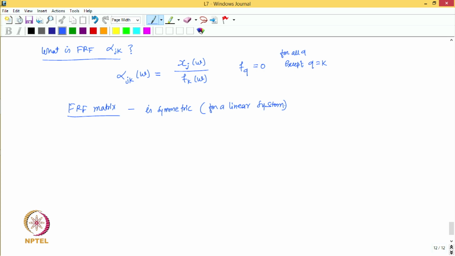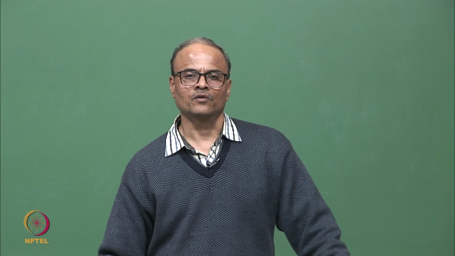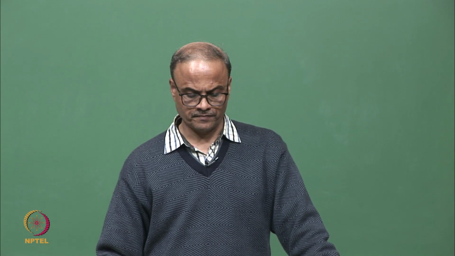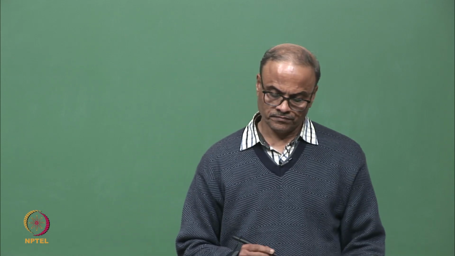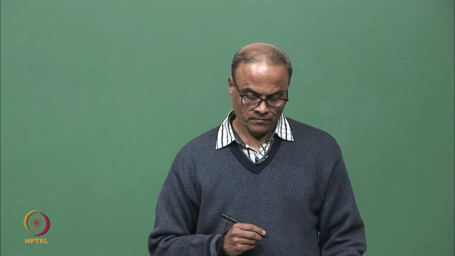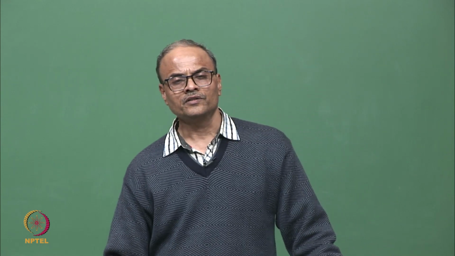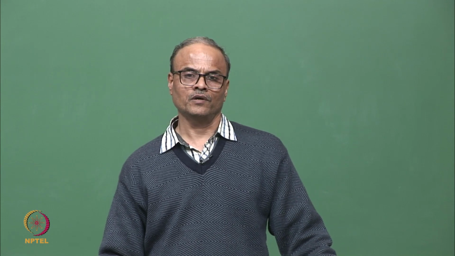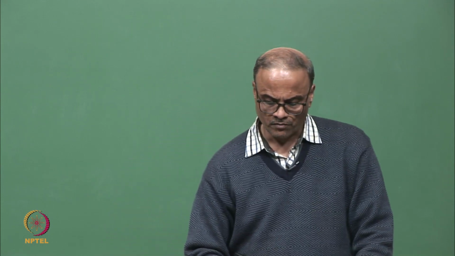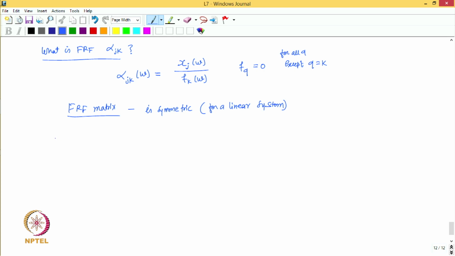Since the modal analysis theory is based on the assumption of linearity, we would always assume that the FRF matrix is symmetric. So now, what is FRF? Let us try to determine that. For a multi-degree of freedom system, let us determine the FRF matrix.